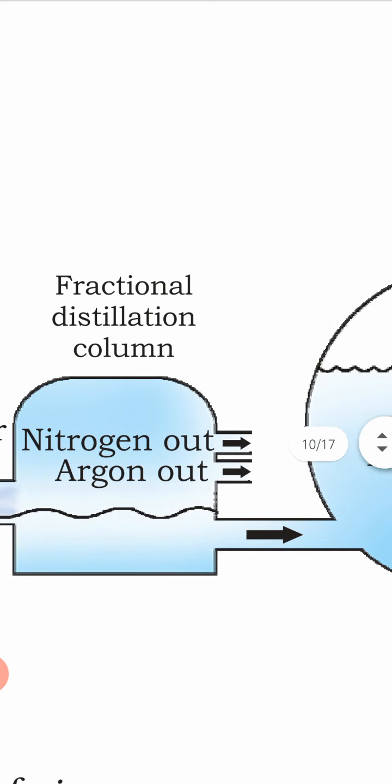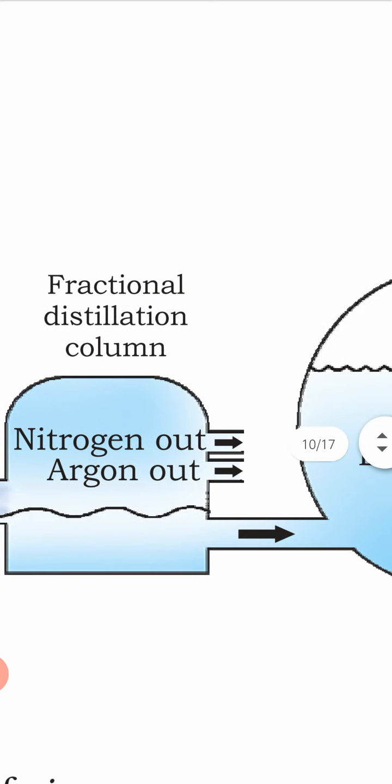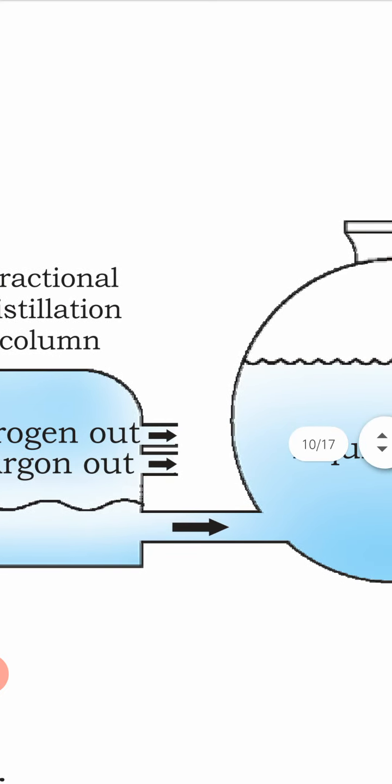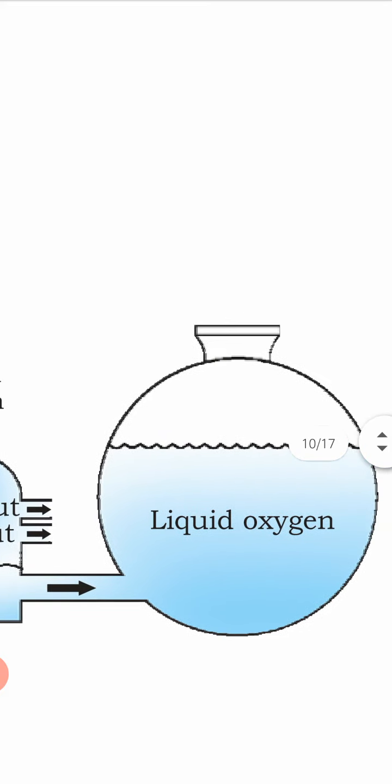This argon will be collected from this outlet, and the remaining gas is oxygen. Of these three, oxygen has the maximum boiling point, so it will take time to vaporize, and it can be collected from the bottom part of this chamber.